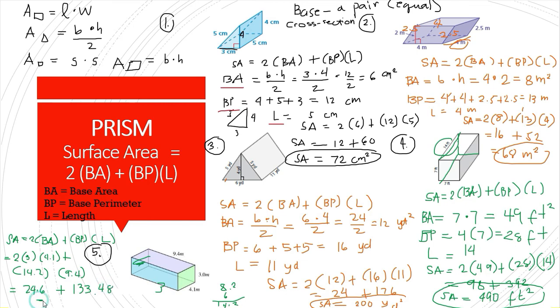Alright, add them up. Plus 24.6, 158.08. So your surface area is 158.08. This is the last answer.